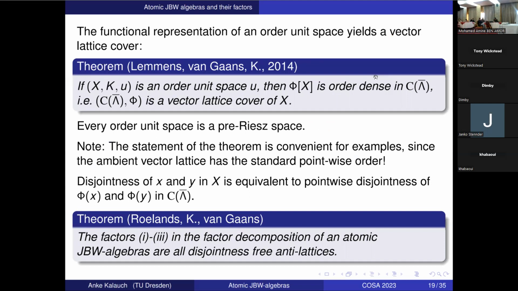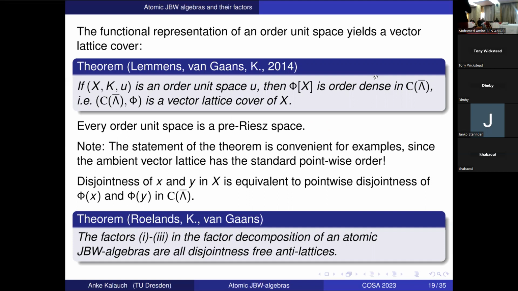So I said there was some work to do, namely to show that the classical Kadison functional representation theory fits into our scheme, so that this embedding is in fact an order dense embedding into the continuous functions on this lambda bar. This was again work with Bas Lemmens some years ago.